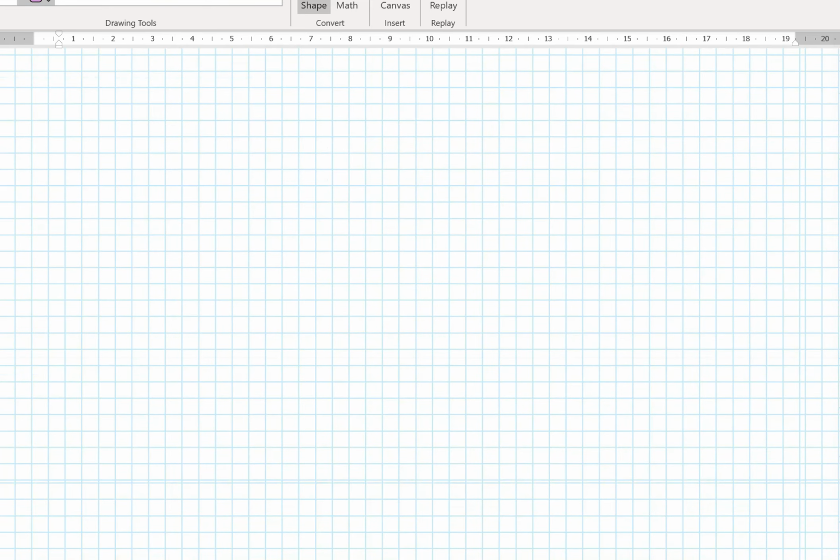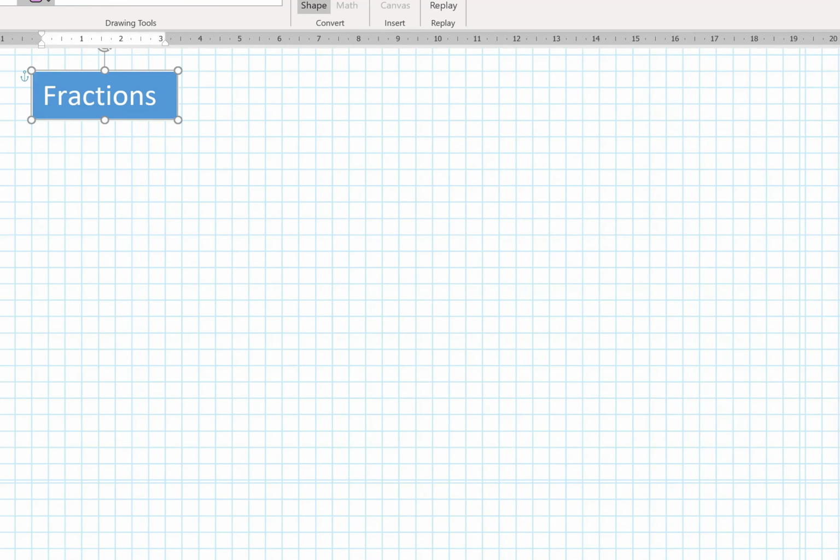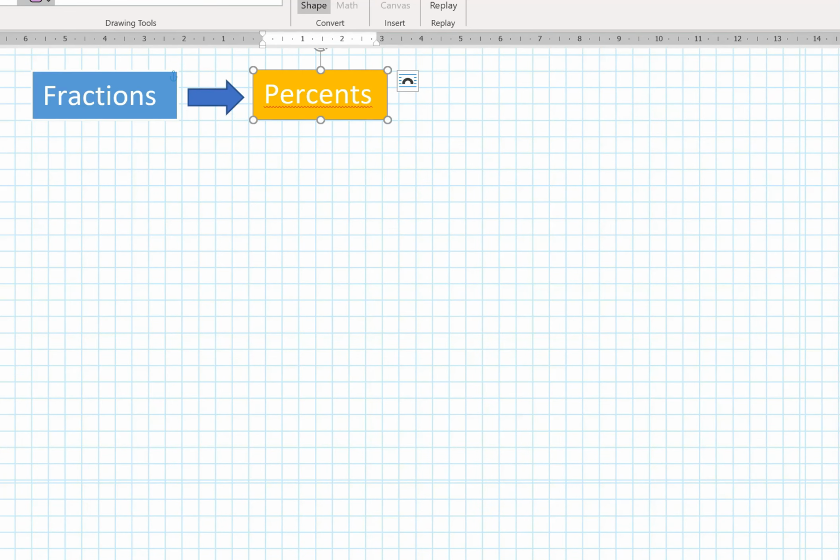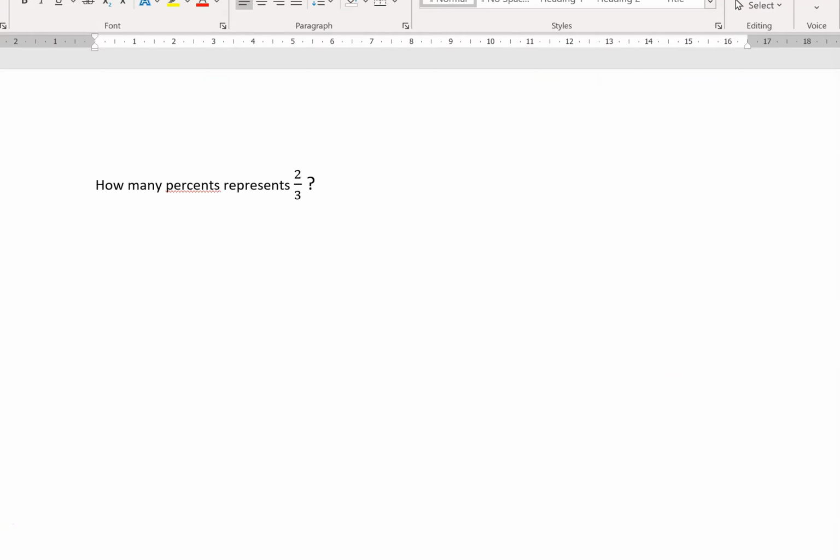Okay. If you want to convert a fraction into a percent, then you have two methods. You choose whichever you want. One method would involve proportions. For example, if you have a question like, how many percents does 2 over 3 represent?